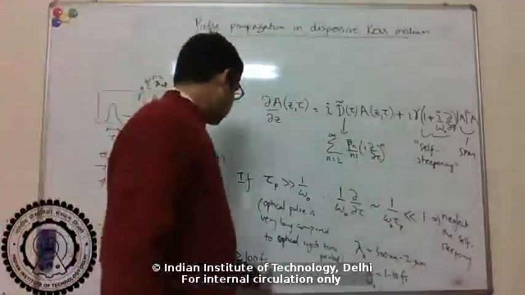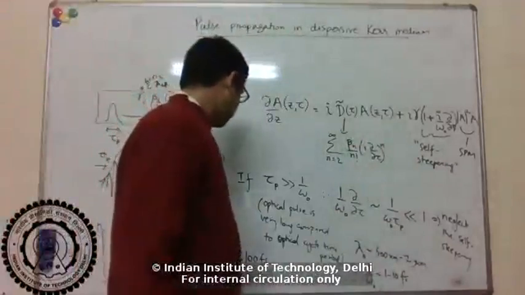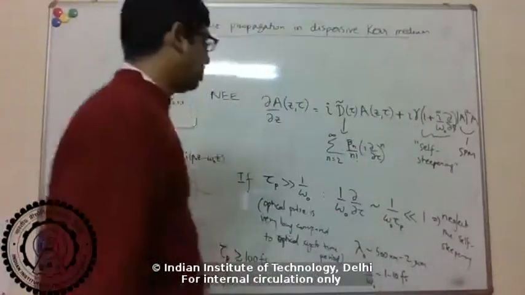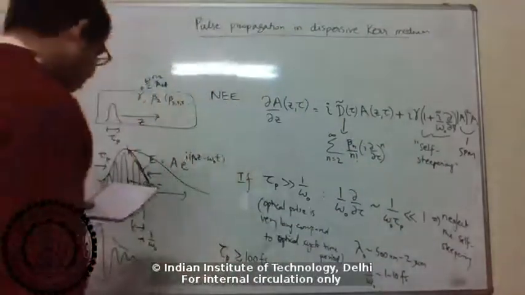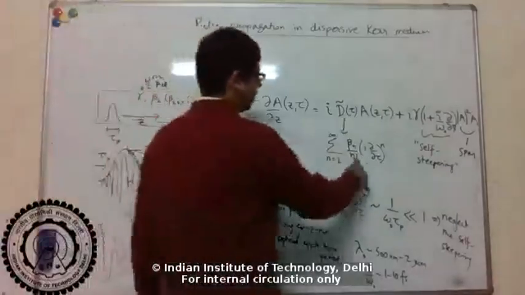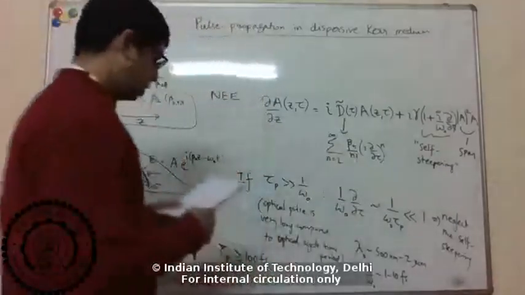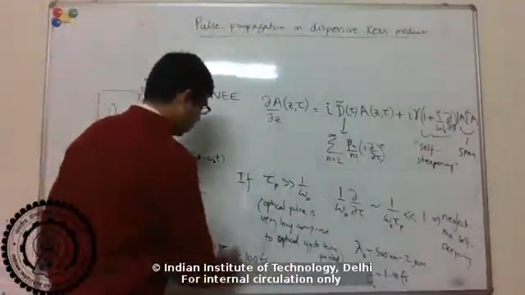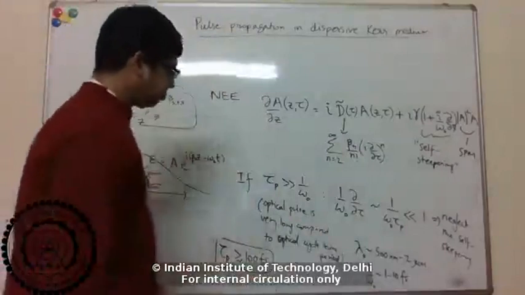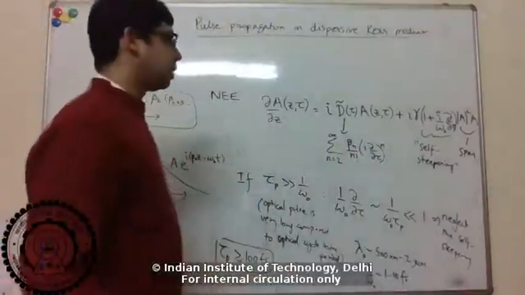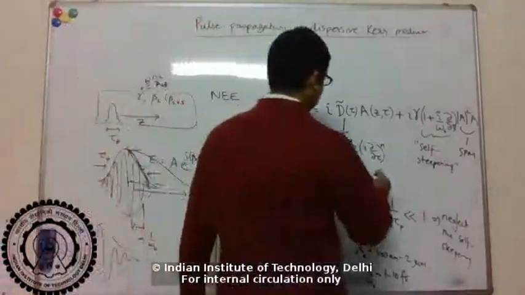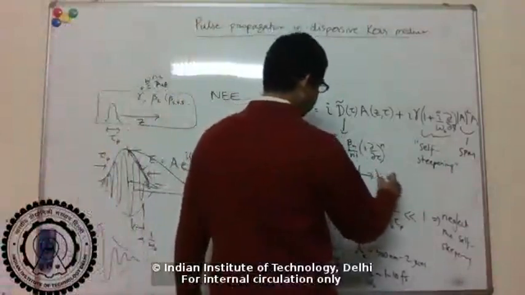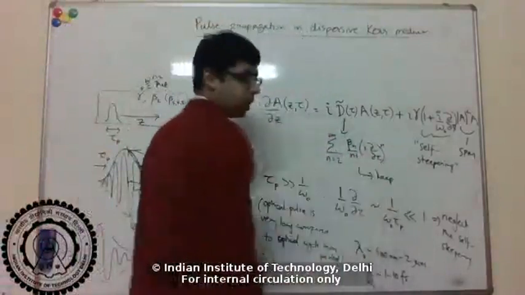Also, for these fairly long pulses, still very short but long compared to the cycle time, the dispersion operator has all orders of dispersion. But again, if you have more than 100 femtoseconds or picosecond pulses, typically the n equal to 2 term is much bigger than the higher order terms.